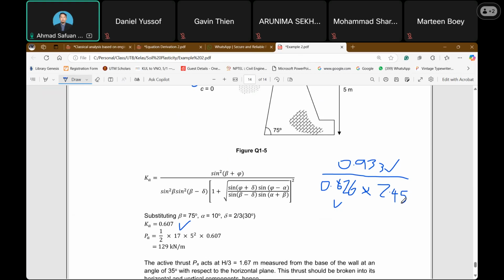So 0.93 divide with 0.626 times 2.45. So 0.608. Okay. So that is for the KA.